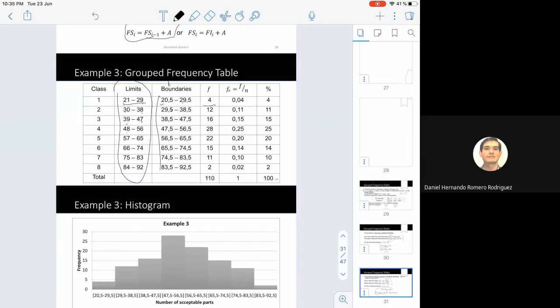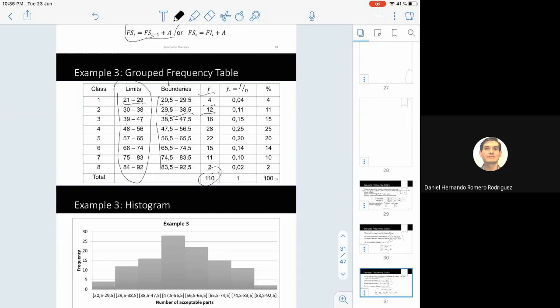Then for the second class, the frequency is computed by identifying how many observations are between 29.5 and 38.5. In this example, there are 12 observations that satisfy that condition. So we keep going until we have computed the frequencies for all of the classes. And in total, there are 110 observations. So this is the absolute frequency.